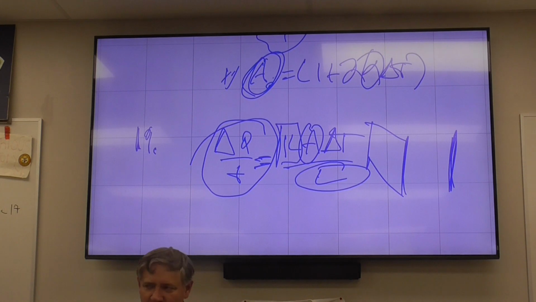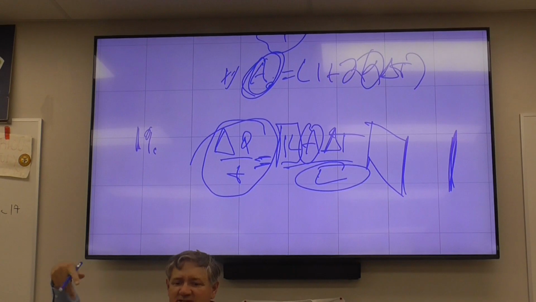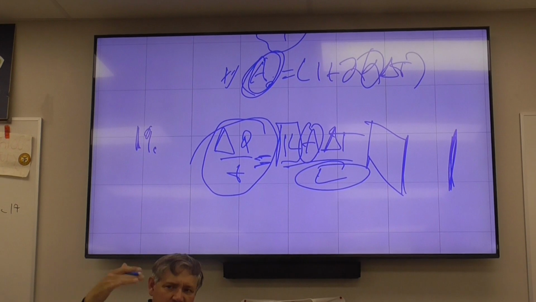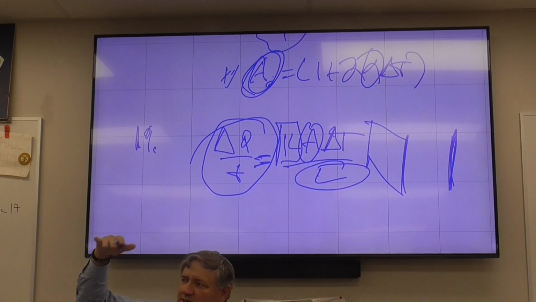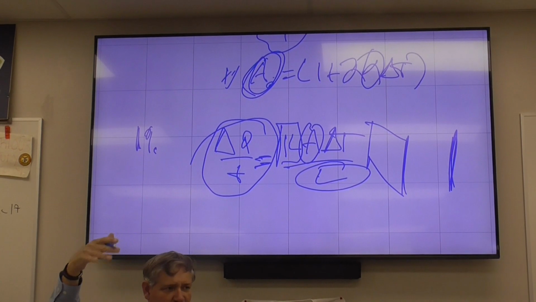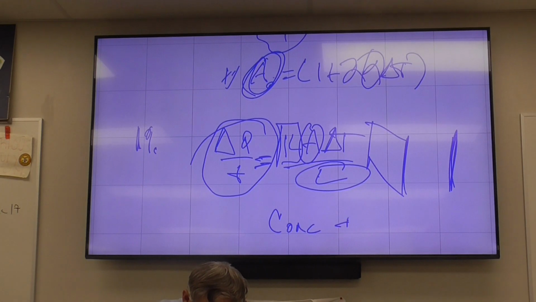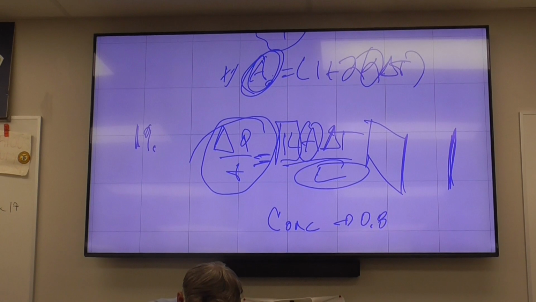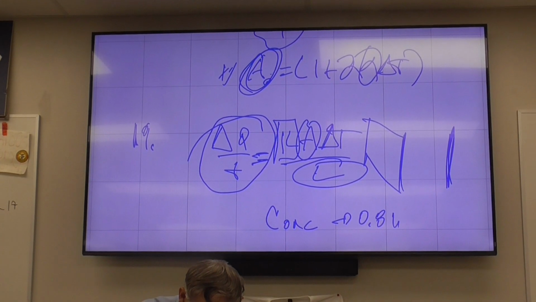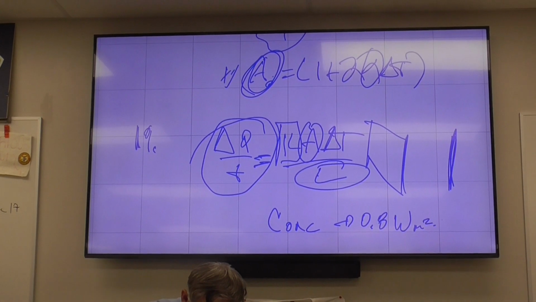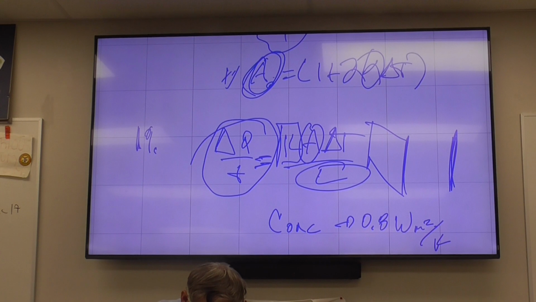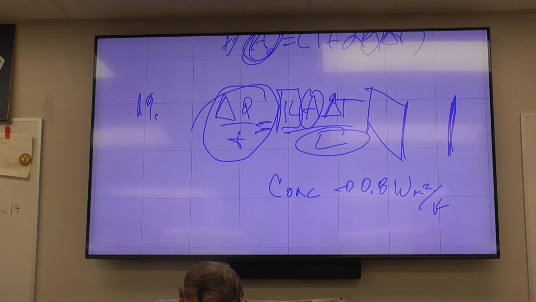K is a constant based upon different materials. If you look on page 385, some of these have very, very high coefficients, others have very, very low. Like on number 19, if you look that up, concrete has a value of 0.8, in watts per meter Kelvin or Celsius, and then wood is 0.2.